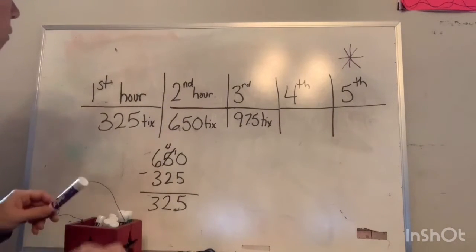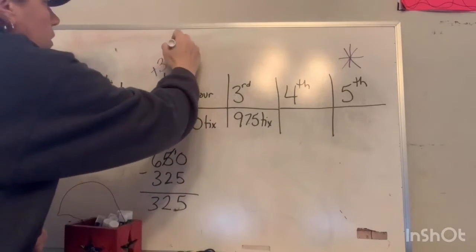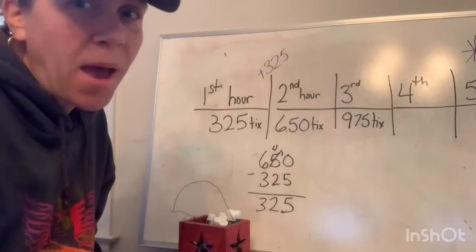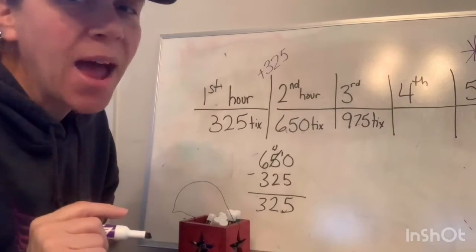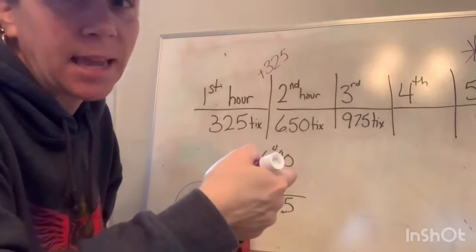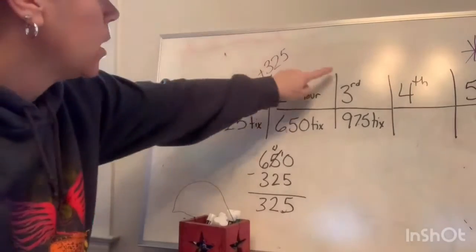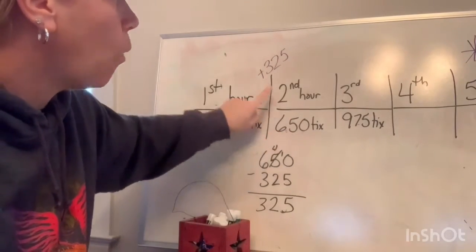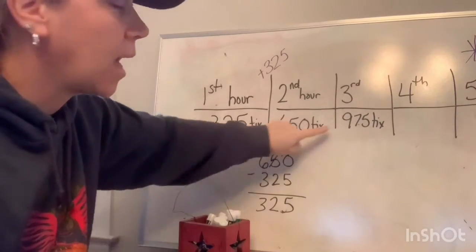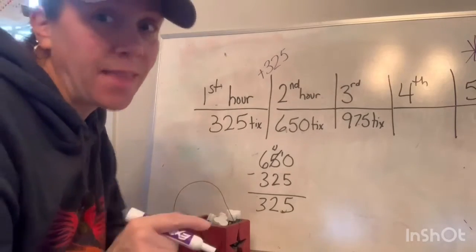So to go from 325 to 650 was plus 325. Now you might say to yourself, oh, that's the pattern. But remember, it's not a pattern unless it happens a second and at least a second time, preferably a third time. So here's 650. What happens if I add 325 to 650? Will I get 975? If I do, then I have a pretty good idea that that's my pattern.